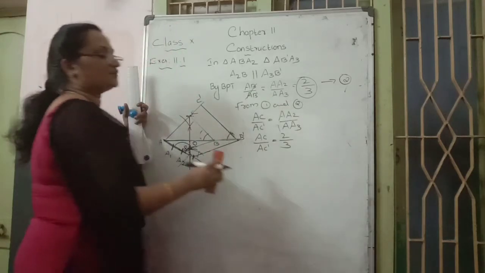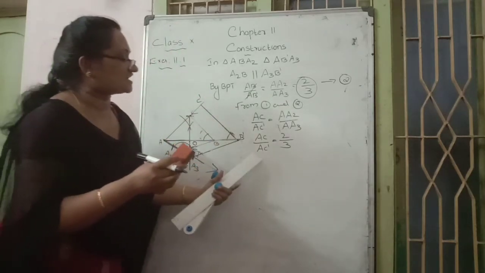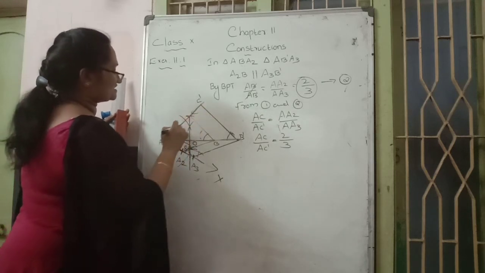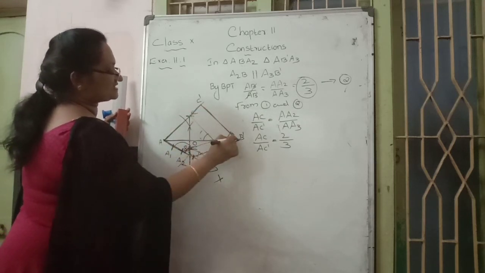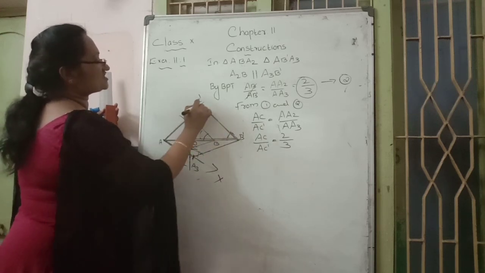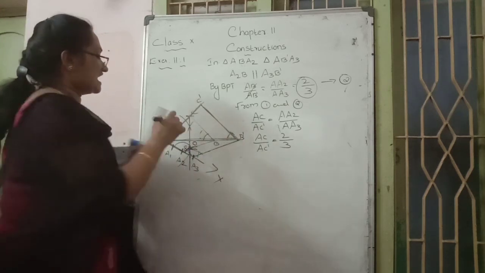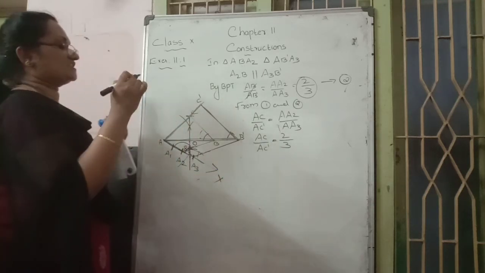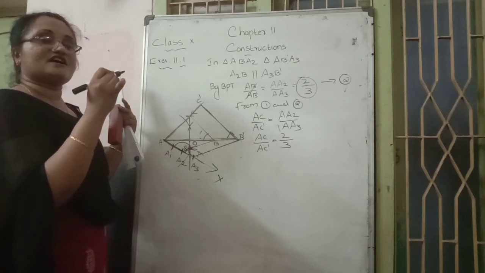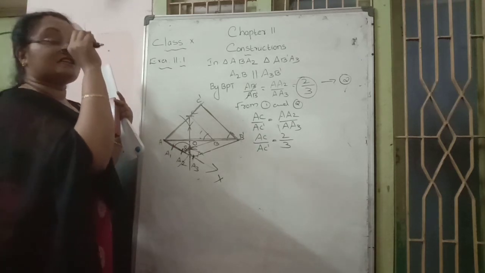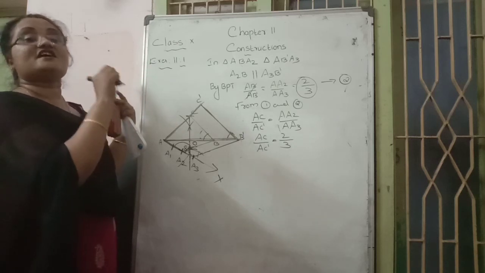Here also we want to prove that the similar triangle's side, AC dash, is a side of our similar triangle AC dash B dash, and AC is a side of the original isosceles triangle. So in which way do we want to prove? Similar triangle side is equal to 3 by 2 times the original.